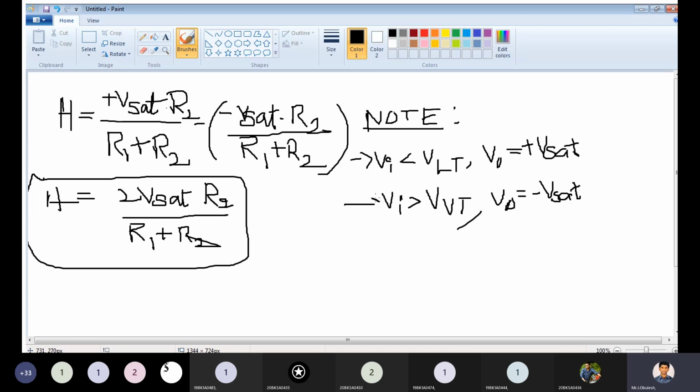This is the second point. Then the third point is VLT is less than VI, and VI is greater than VUT.